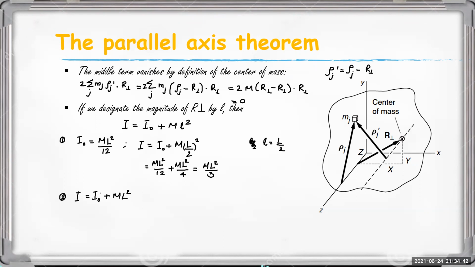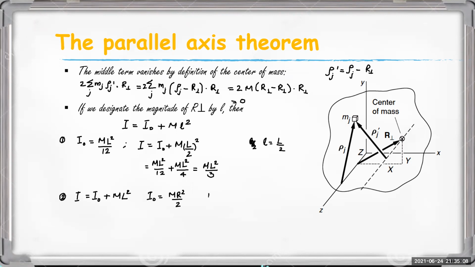Here I0 is the moment of inertia about the center of mass, and for an axis passing through the center and perpendicular to its plane it is m r square by 2.